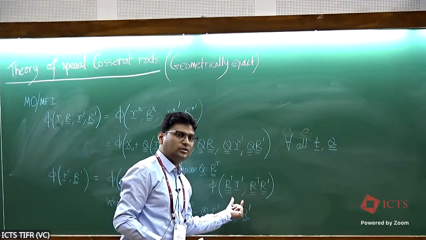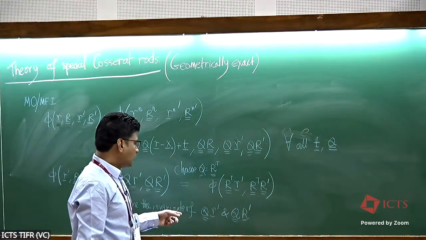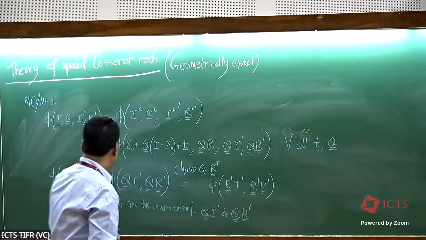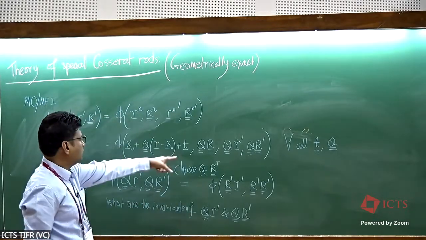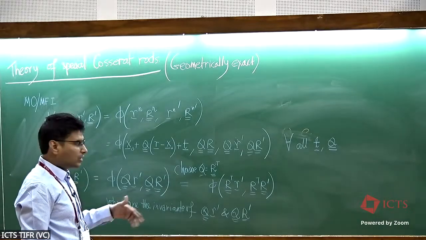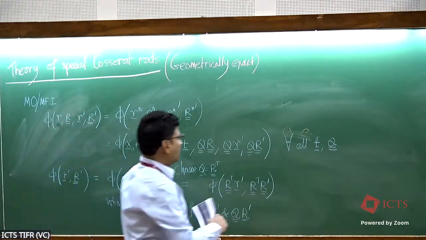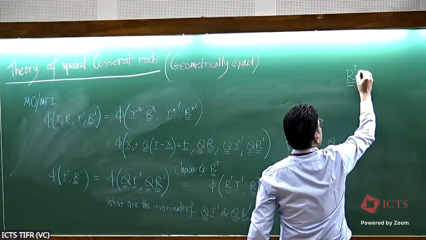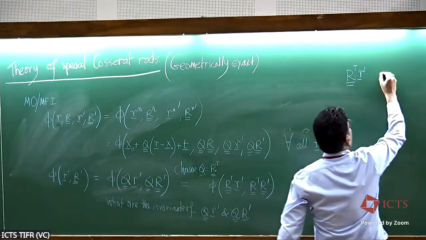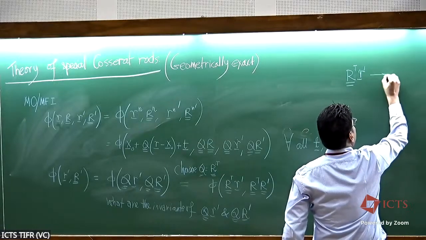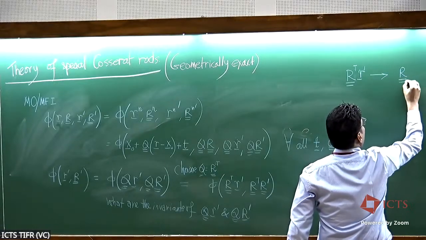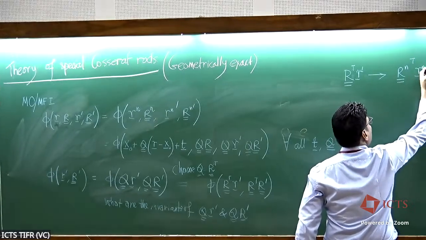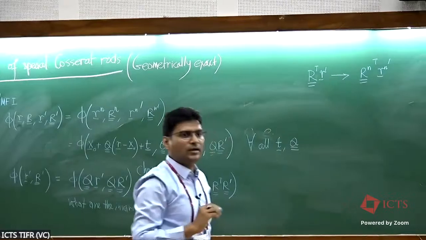This does not change when your little r and big R change in this way. Let's try to figure out, is that really the case? Think of this big R transpose little r prime. This is going to change to big R nu transpose little r nu prime, right?